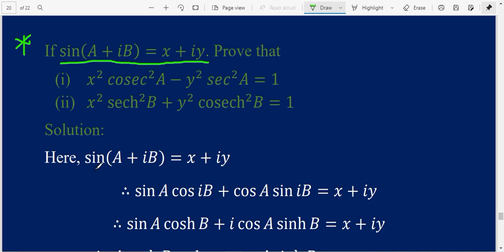So sin(a plus ib) is equal to sin a cos ib plus cos a sin ib, which is equal to x plus iota y.